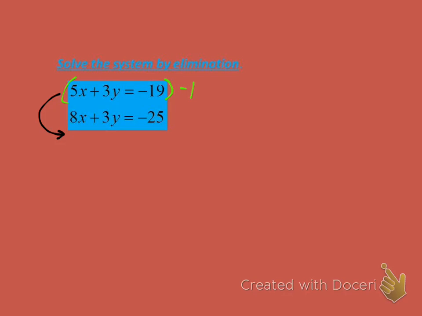So 5x times -1 to go -5x. 3y times -1 to go -3y. -19 times -1 to go with positive 19. You multiply everything, all three parts.